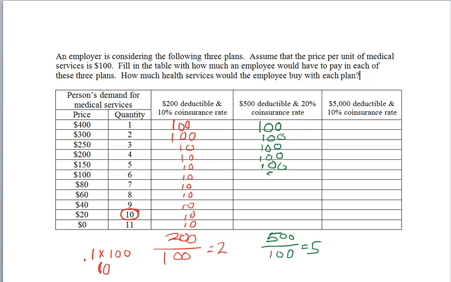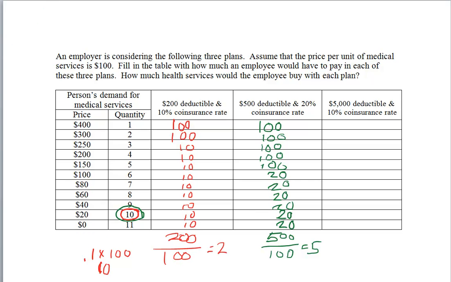And then it's 20. Notice down here, willing to pay 20 is over here, has to pay 20 is over here. Looks like this person's also going to get 10 units because the additional cost of the 11th unit is also $20, but he's not willing to pay anything.